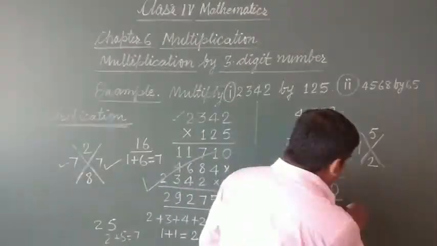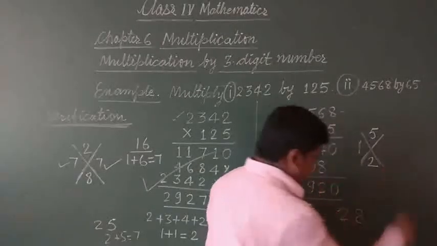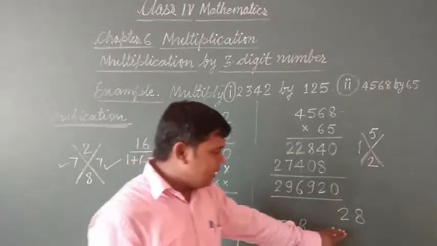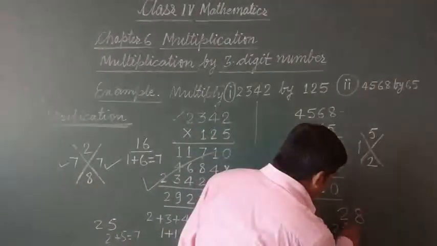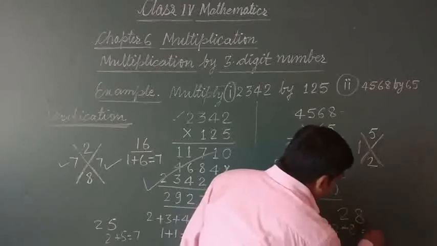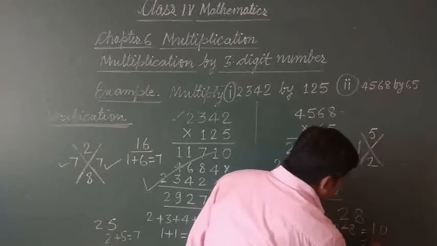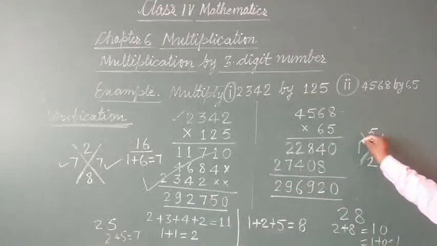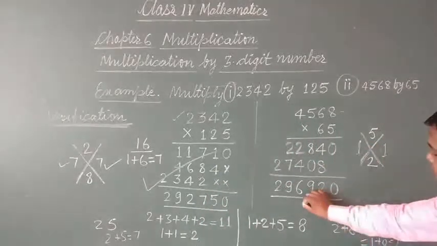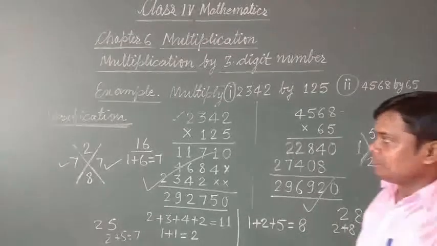We got the sum 28 here. Again we add these two digits together. So 2 plus 8, 10. Again we add 1 plus 0, 1. It means 1 is coming here. So we can easily say that our product is correct.